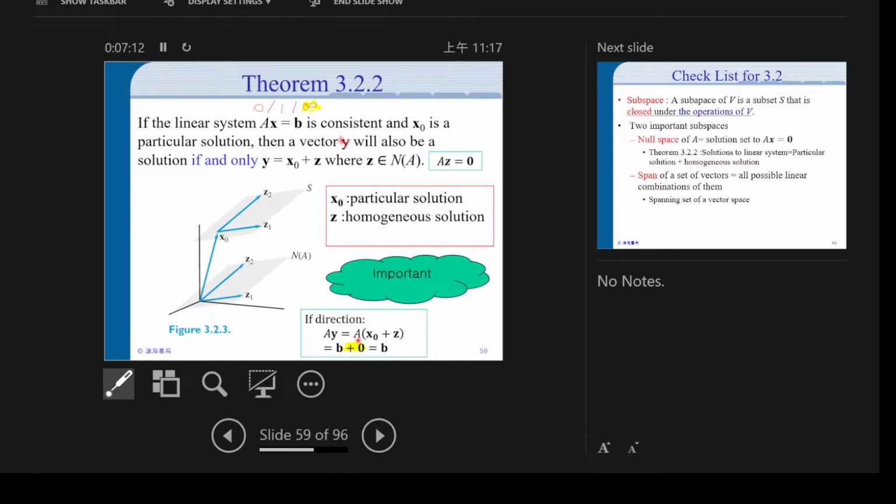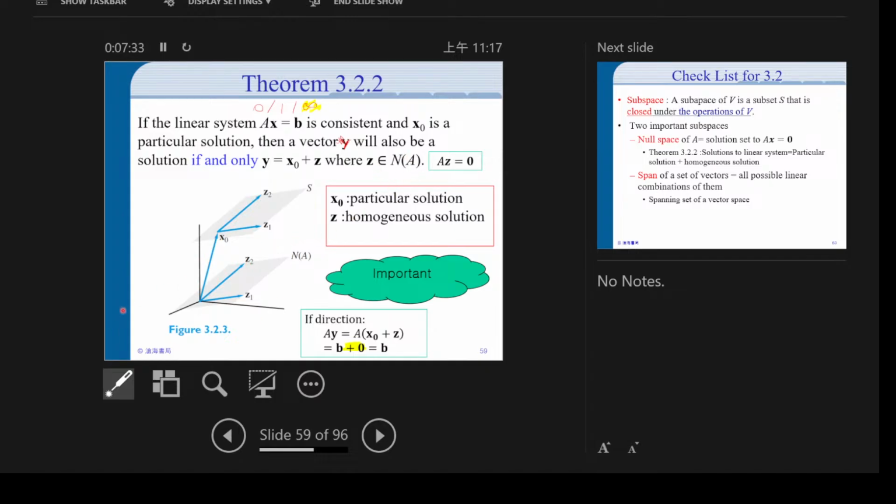But yeah, it's important to remember this theorem about the structure of the solutions to Ax equal to b. And in particular, an important concept here is that we have talked about N(A) being a subspace.